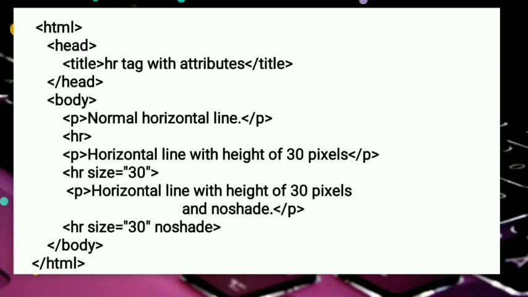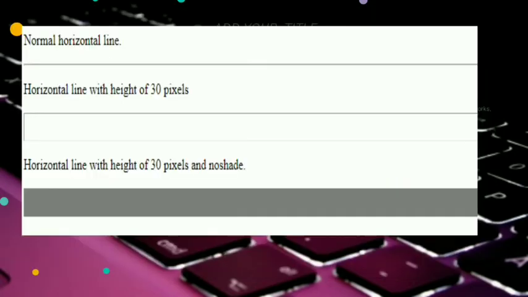Okay, what is the fourth line? HR size equal to 30. So HR, horizontal rule, that horizontal line size equal to 30. Look at the output, the fourth line, that is the height 30, size equal to 30.